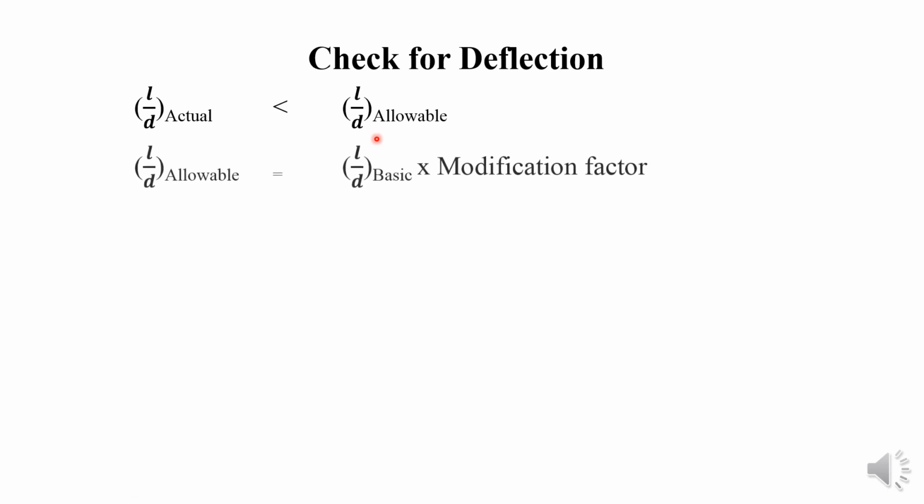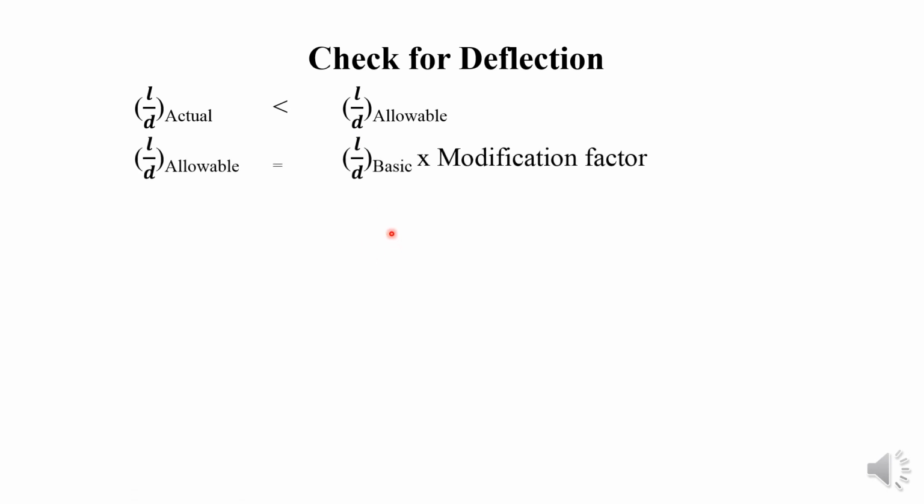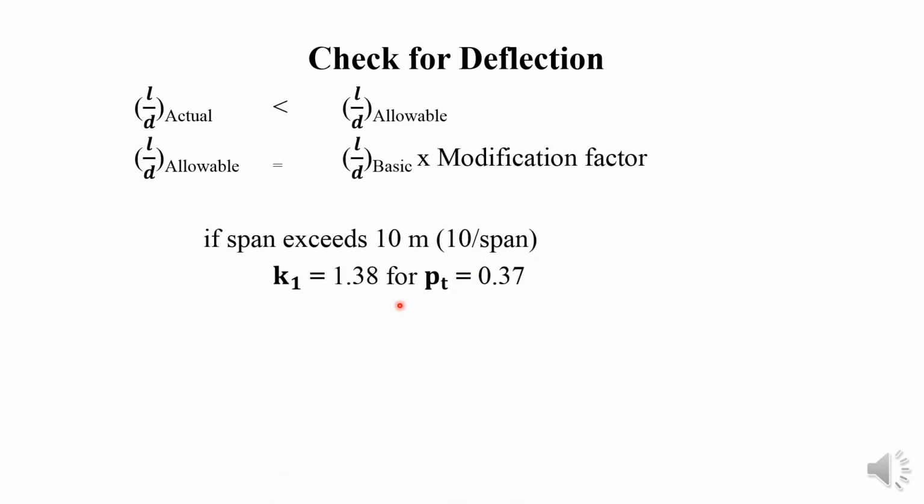Finally, check for deflection. For the check for deflection, the actual L by d should be less than allowable L by d. So allowable L by d we have to find out by basic L by d into modification factor. The modification factor K1, for a percentage of steel reinforcement that is 0.37, we find 1.38. So allowable L by d is equal to modification factor 1.38 into basic span by depth value 20.